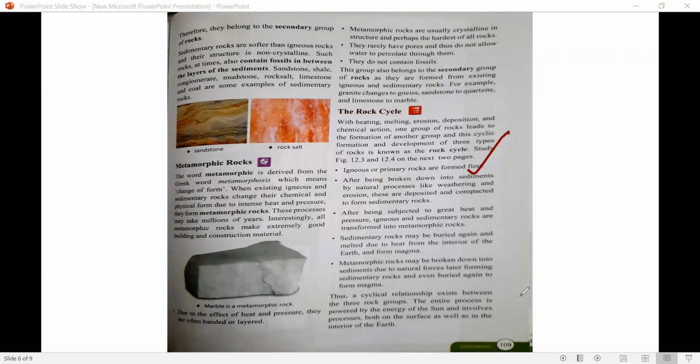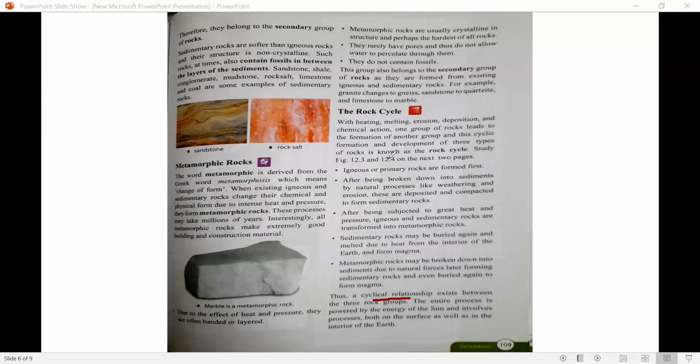Thus, a cyclic relationship exists between the three rock groups, which are the igneous, sedimentary, and the metamorphic rocks. Now we have learned this whole thing, and the cycle. If we want to explain what the rock cycle is, we can say it is the cyclic relationship existing between the three rock groups.